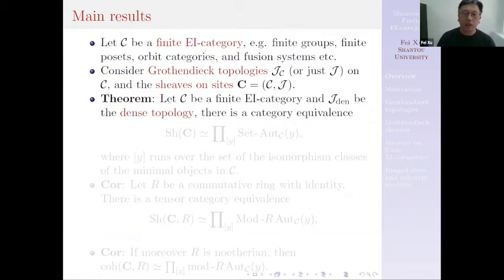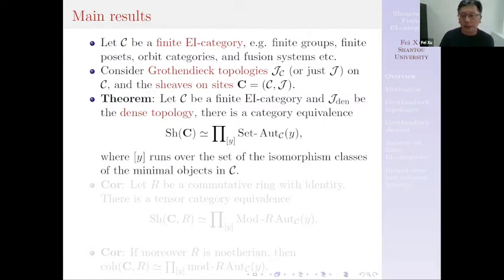We're going to look at the sheaves of sets on this given site, and we compute the sheaf category, which is a Grothendieck topos. And it's a direct product of some G-sets, and the groups are certain automorphism groups from the EI category.